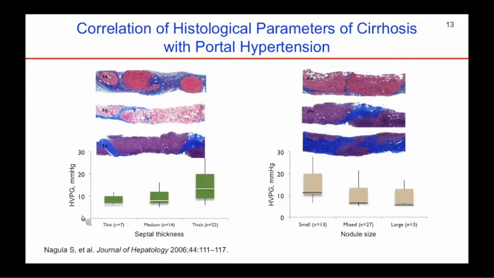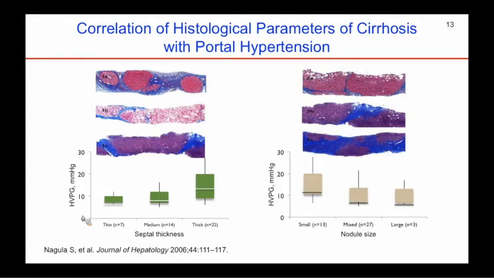Whereas when I was a fellow, everybody did a lot of hand-waving about how this disease had micronodules and this disease had macronodules, I think in the current framework, we think it's more likely that the nodule size is related to the severity of the cirrhosis, meaning more thick bands.